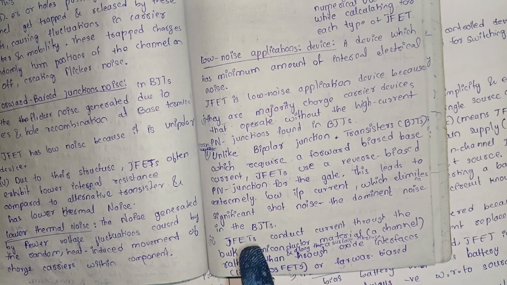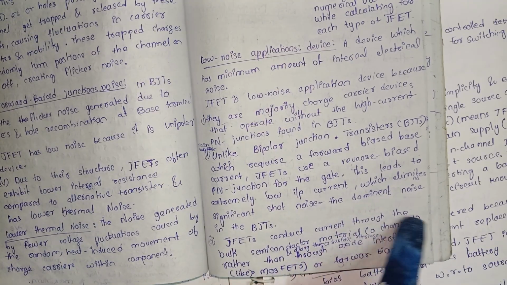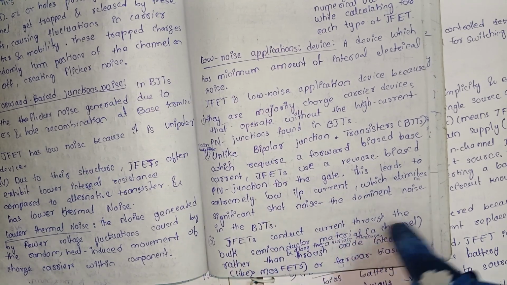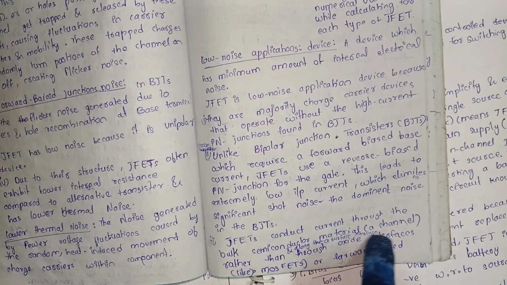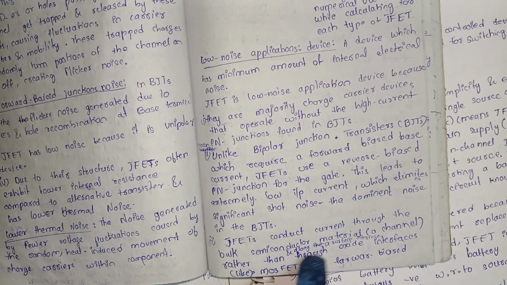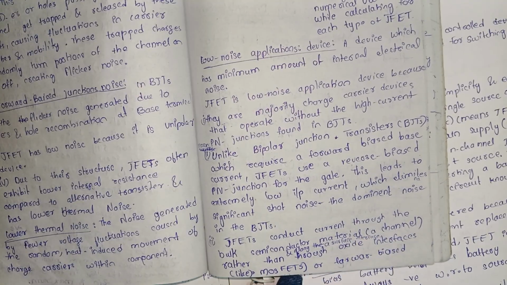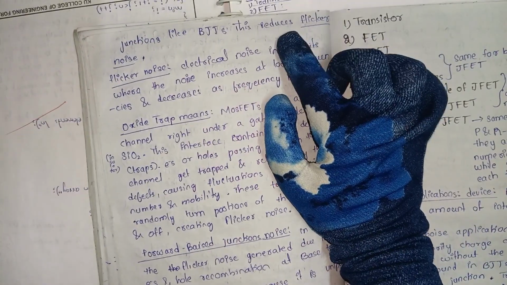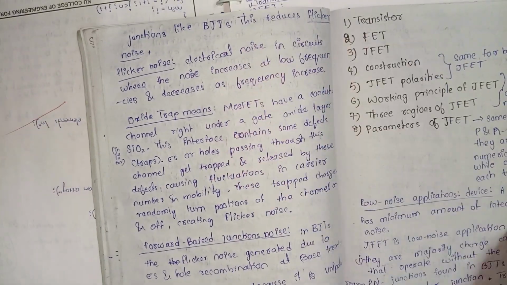Another reason is that JFET conducts current through the bulk semiconductor, means inside the semiconductor material, a channel, rather than along a surface interface, or through oxide interfaces like MOSFET, or forward bias junctions like BJTs. This reduces flicker noise.